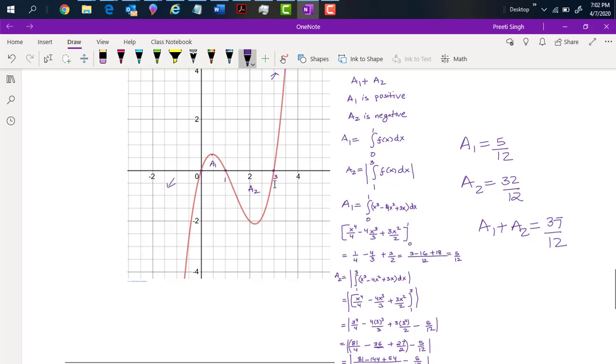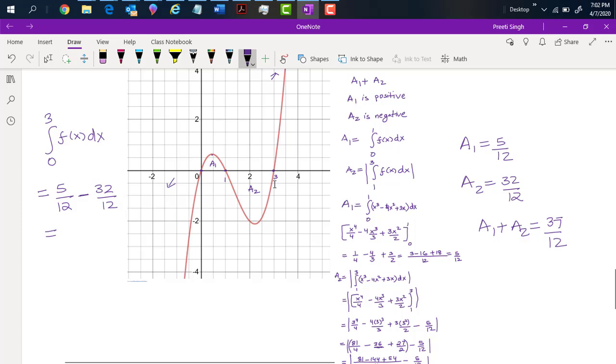Now this question asked for the total area between the function and the x-axis from 0 to 3. If the question was what is the net area, the net area would have been the integral from 0 to 3 of f of x dx. In that case, it would have been 5/12, which is your 0 to 1, minus 32 over 12.